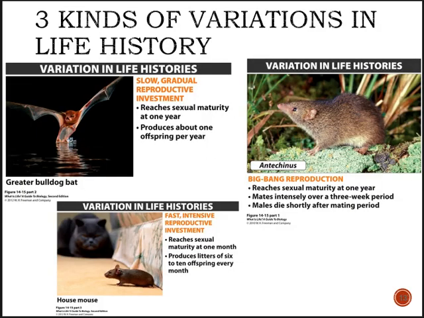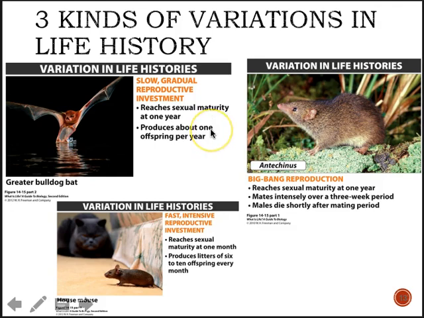So, before I go on, which one do humans exhibit? Which of these variations in life histories do humans exhibit? Are we fast intensive, big bang, or slow gradual? Hopefully you see pretty quickly that we are in fact the slow gradual. We reach sexual maturity at anywhere between 12 and 16 or 17 these days.